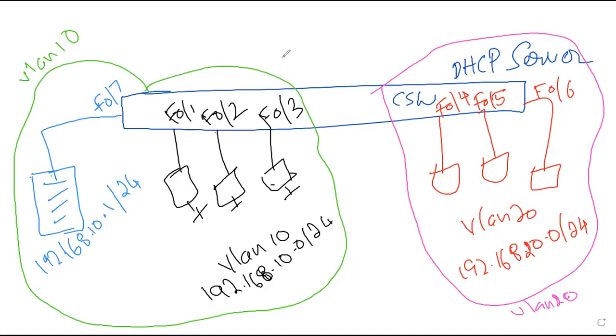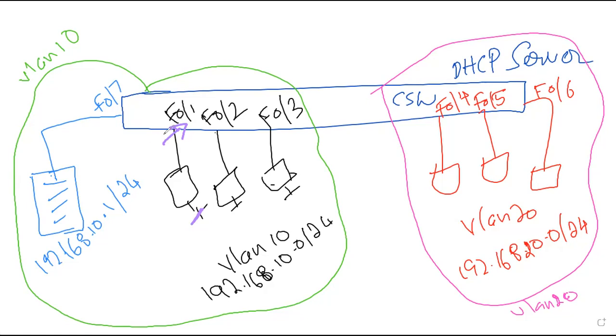So let's say when a system from the 10 network is trying to get an IP, it goes to the port, and this port is a part of the VLAN 10.